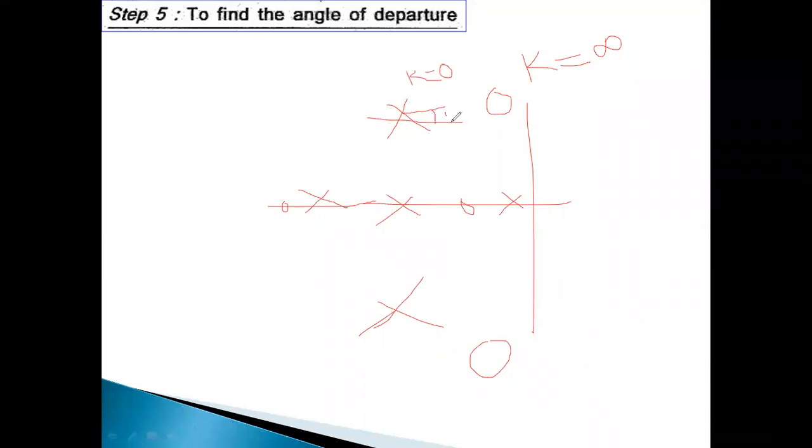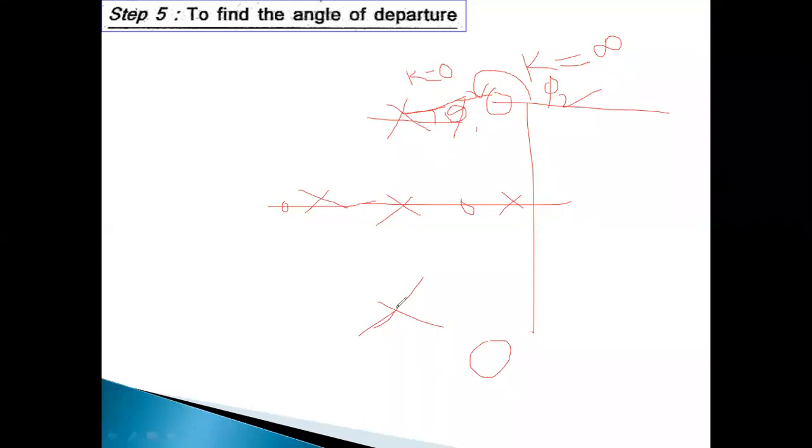With an angle, and that is nothing but angle of departure. Finally it reaches the zero. How does it arrive? This angle is called angle of arrival. So this is angle of departure, and this is called angle of arrival.